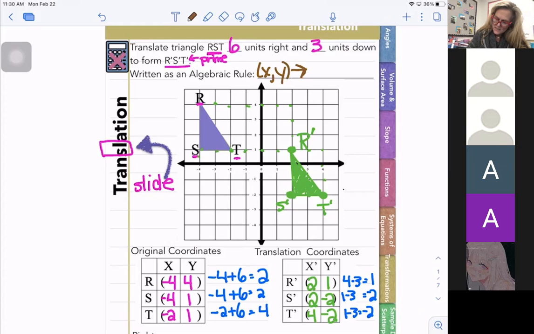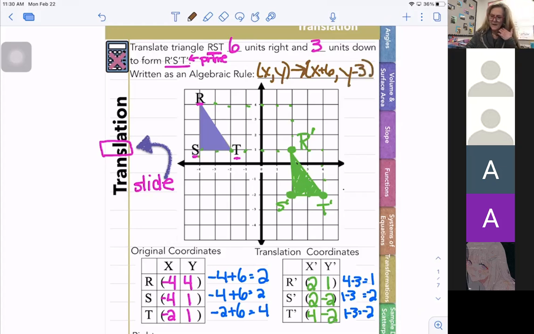My rule for this problem was, what did I do to all of my X's? I added 6. That's right, Ash. And then what did I do to all of my Y's? I subtracted 3, right?